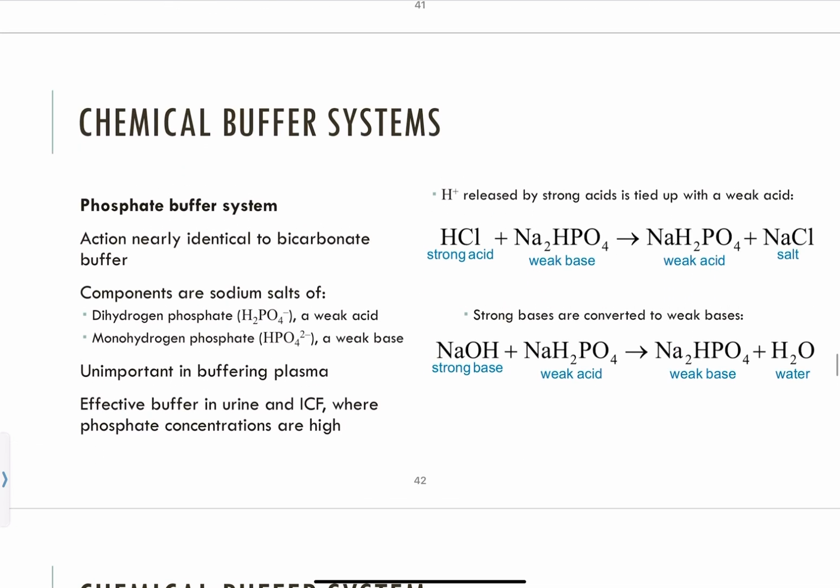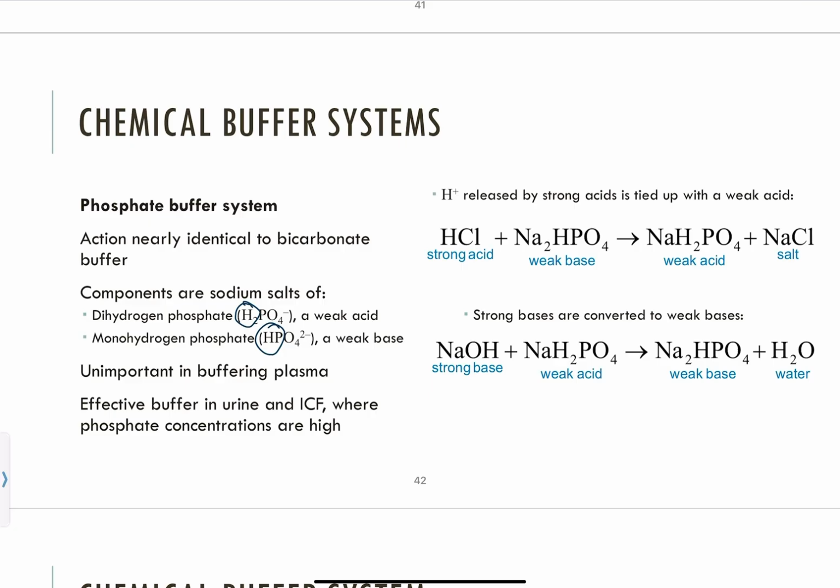The other one that we have is the phosphate buffer system, which acts just like our bicarbonate ion buffer system. The only real difference is what the salts are, what the acid and base are. So the sodium salt is going to be the dihydrogen phosphate, so the one with 2 phosphates, that acts as a weak acid, and monohydrogen phosphate, a weak base.